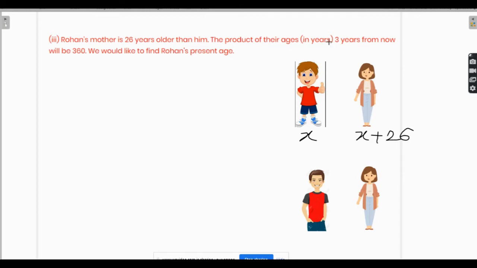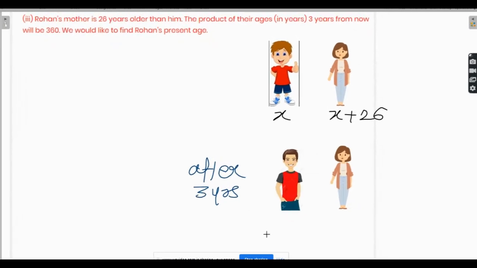The product of their ages 3 years from now. So after 3 years, what will Rohan become? Rohan will become x plus 3. Rohan was x. Rohan became x plus 3. What was Rohan's mother? Rohan's mother was x plus 26.